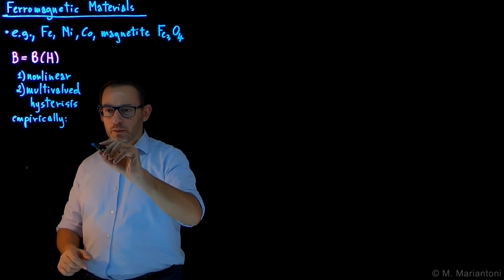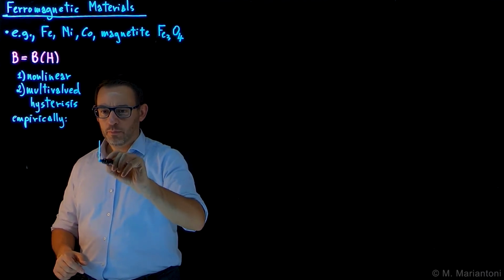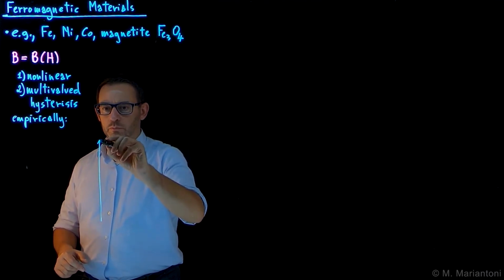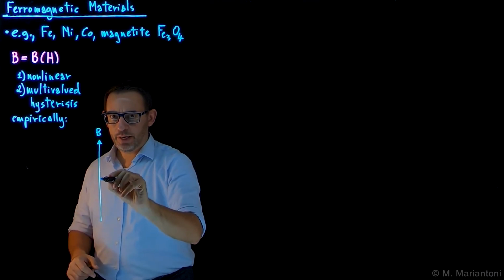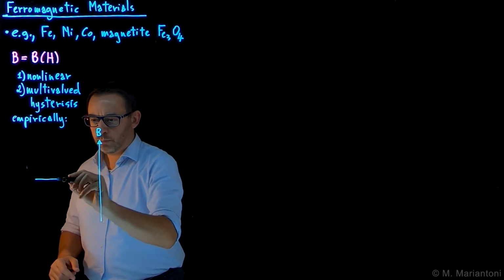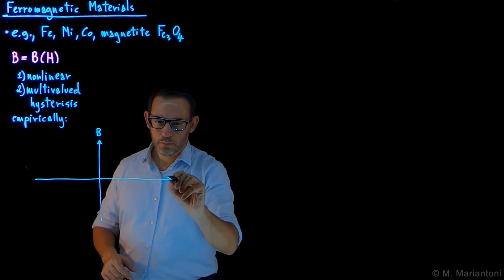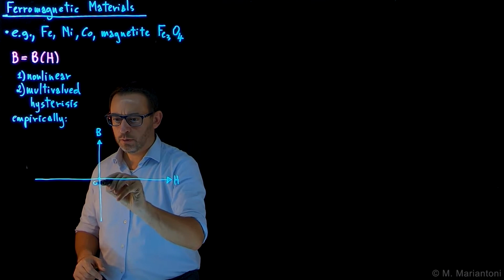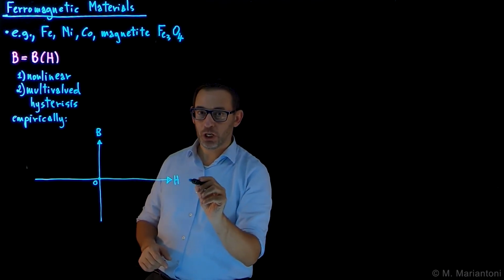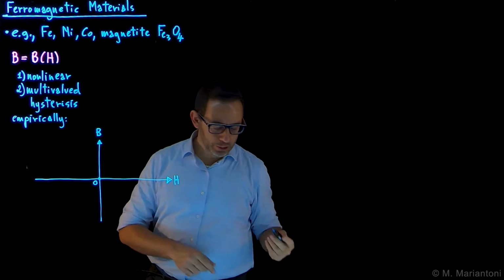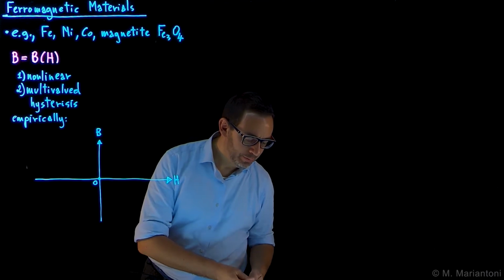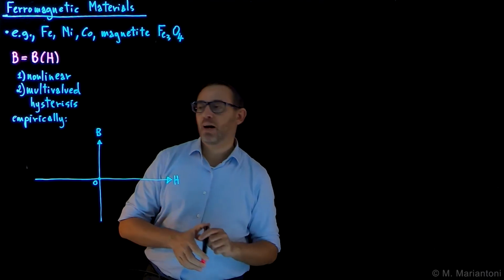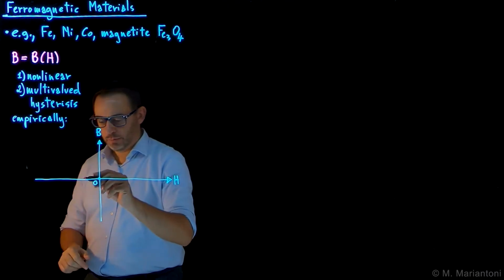So as before, let's plot here B. Our knob, as always, is H. On the x-axis, this is the origin with 0 H, which means 0 current I_C. Remember, the H is actually due to I_C. So in this case, if we were to plot this function, we would find something like this.